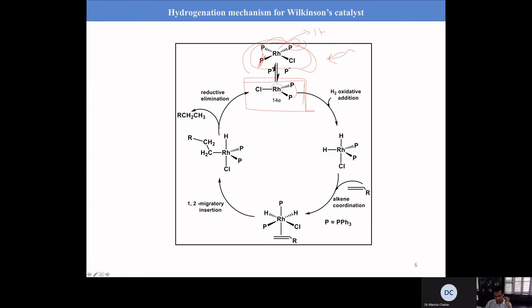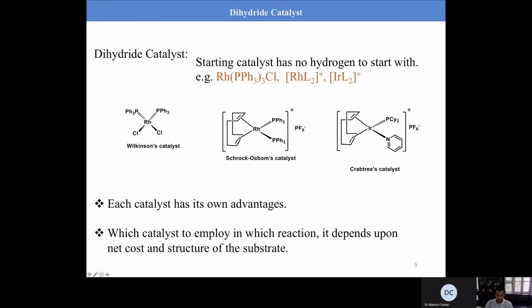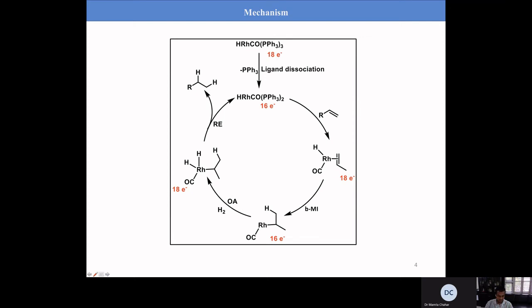Subsequently, oxidative addition onto the rhodium happens. I would like to remind you that to start with, none of these two rhodium complexes has any hydride. If you go back, the monohydride catalyst started with a hydride in it.